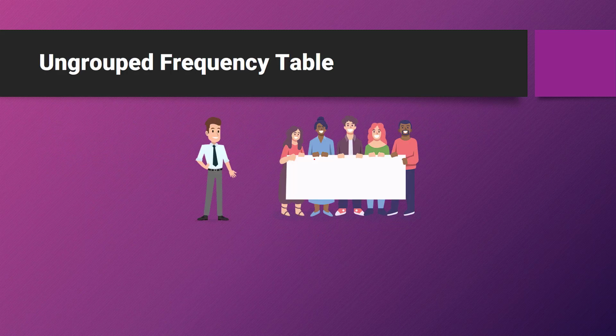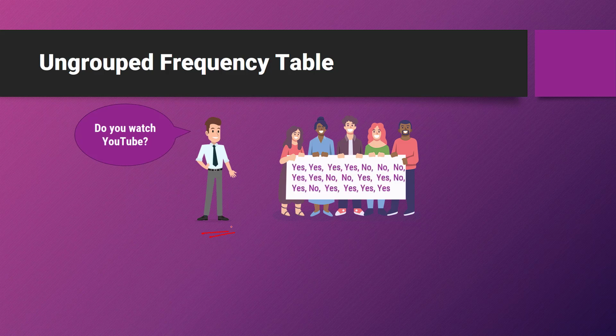So let's say for example, an enumerator has a question. The question is, do you watch YouTube or not? And he goes to 20 different people and asks them, do you watch YouTube? And they will reply with either yes or no, right?